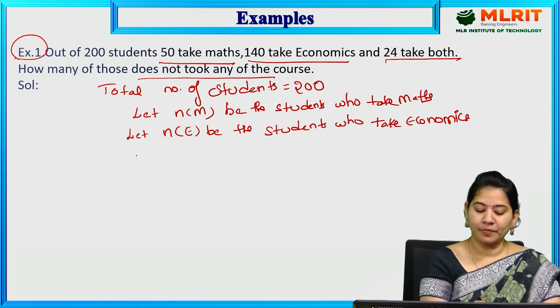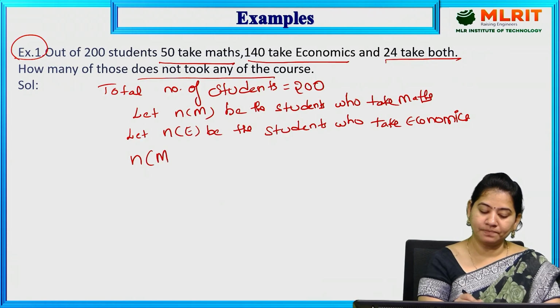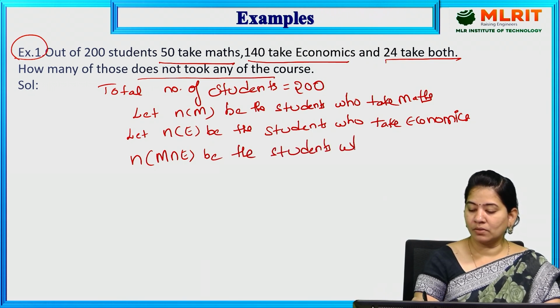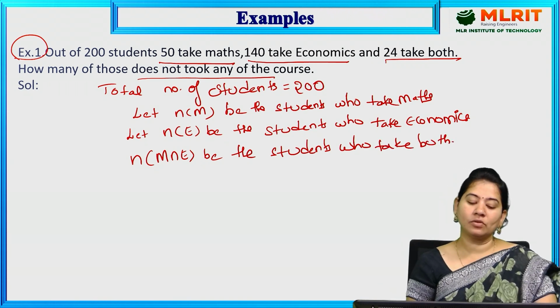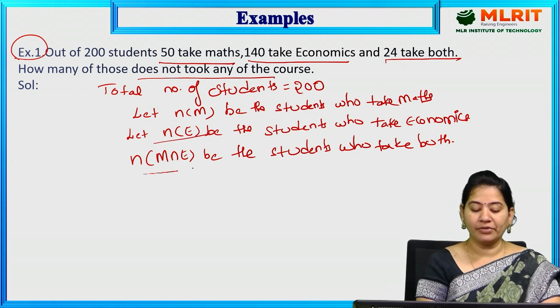And let n of M intersection E be the students who take both. If you write like this, you can understand what is n of M, what is n of E, and also n of M intersection E.